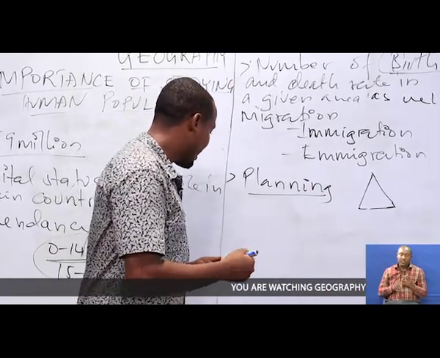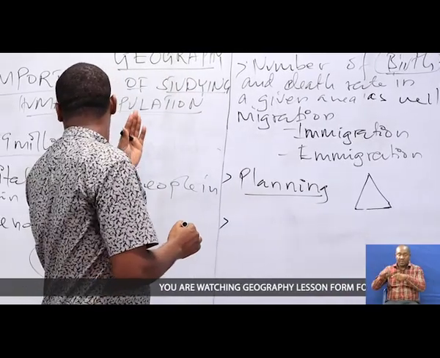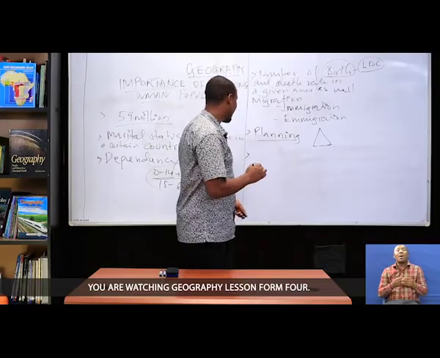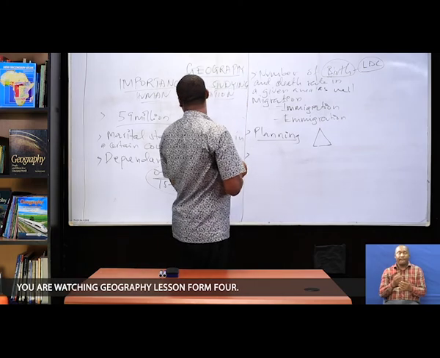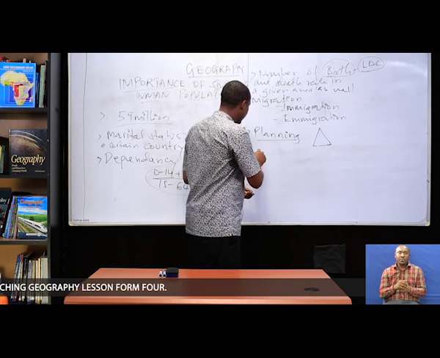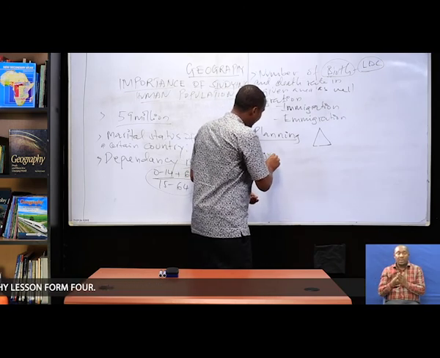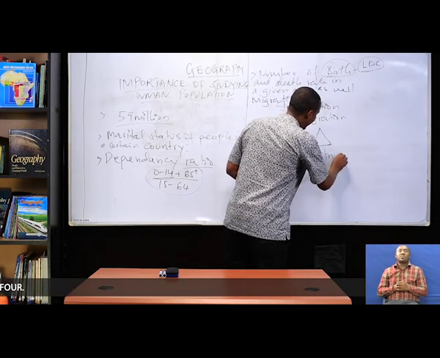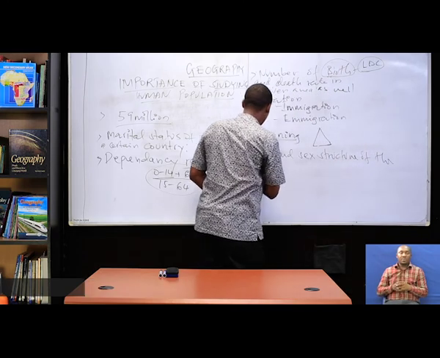And the last one is through studying these population studies. The study of population studies provides room to know the numbers. It helps to know the age and the sex structure of the population.